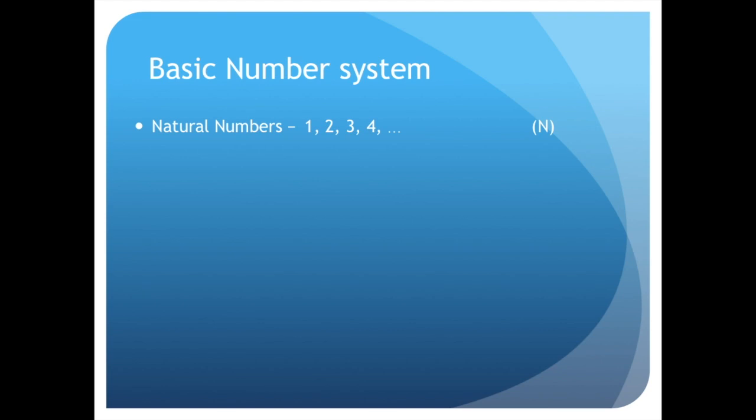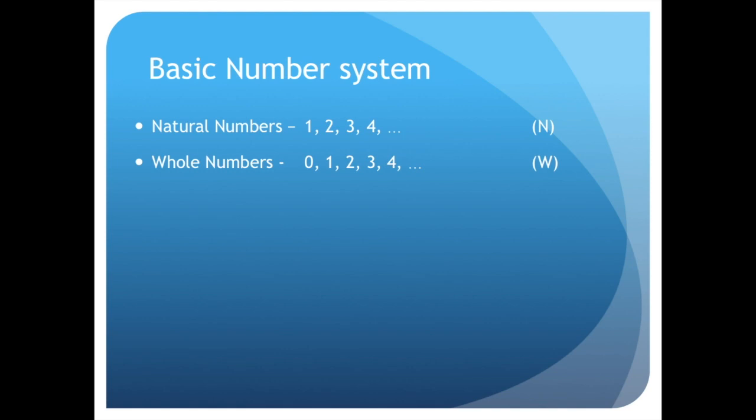Sometimes we need 0 as well as part of our calculations or uses in daily life. So when we add 0 to natural numbers, it becomes whole numbers. So whole numbers are represented by W, and it consists of all natural numbers and 0.